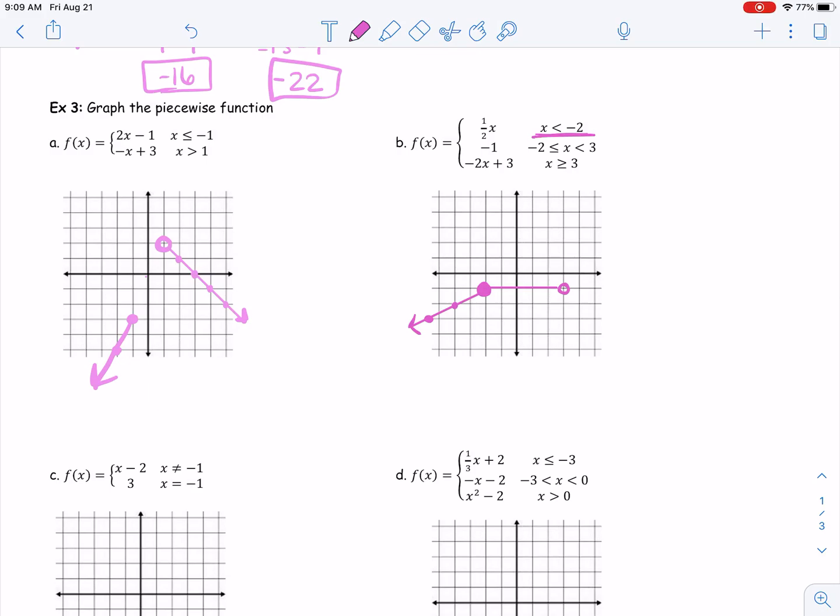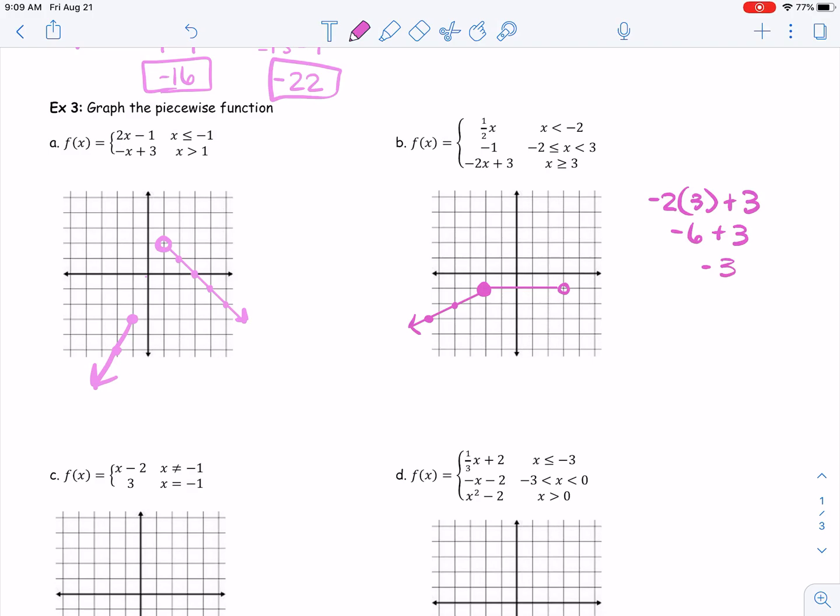And then we're going to our last function, which is -2x plus 3 for the x values greater than or equal to 3. So again, I can plug in the x value of 3, and I can put a solid dot wherever that y value is. -2 times 3 plus 3, well, that would be -6 plus 3, which is -3.